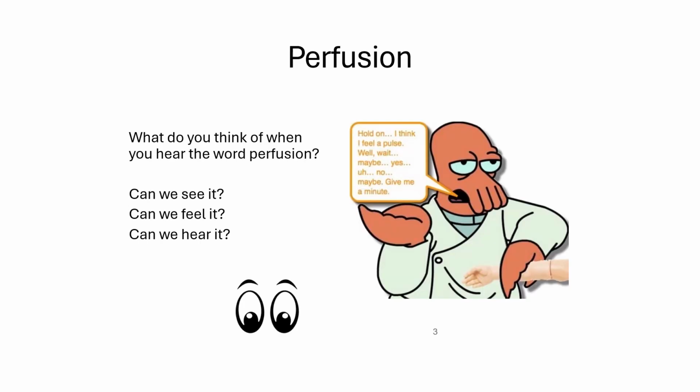So when you think of perfusion, what do you think? The definition of perfusion is the process of delivering blood to the tissues of the body so every cell receives the necessary oxygen and nutrients. Can we see it? Sure we can.